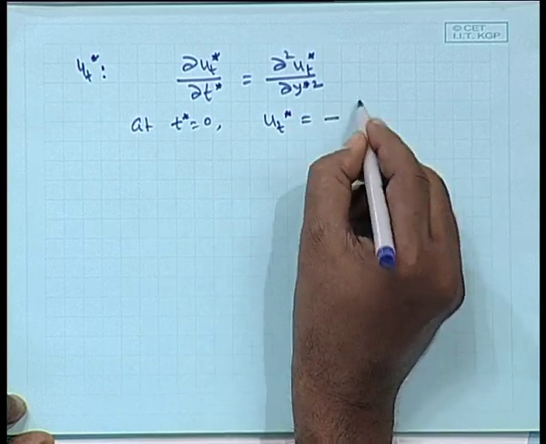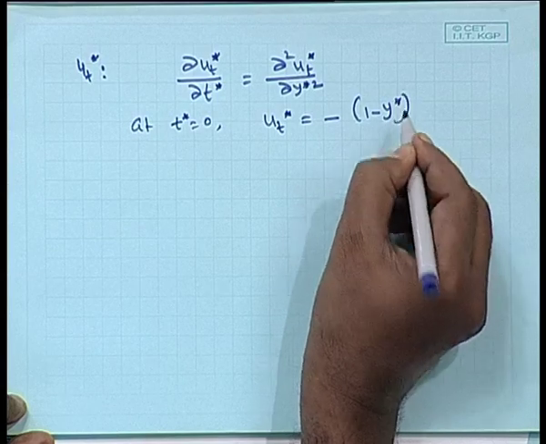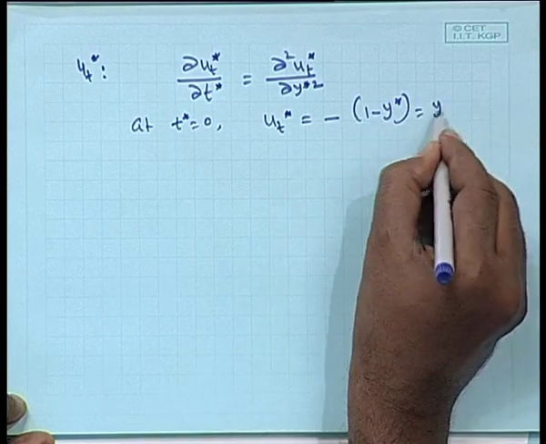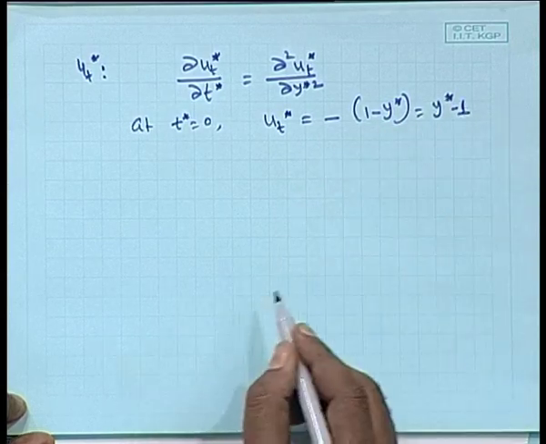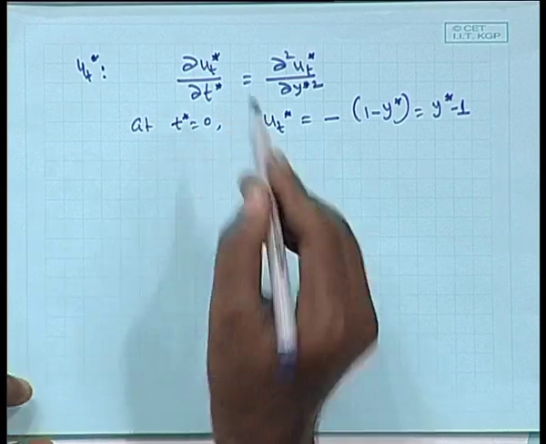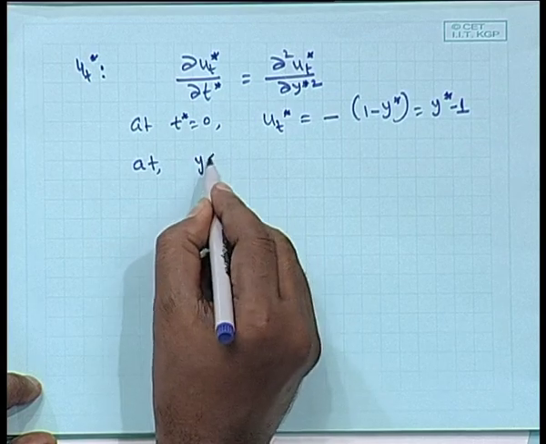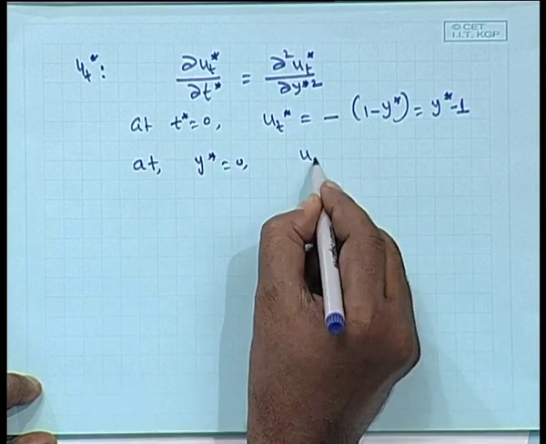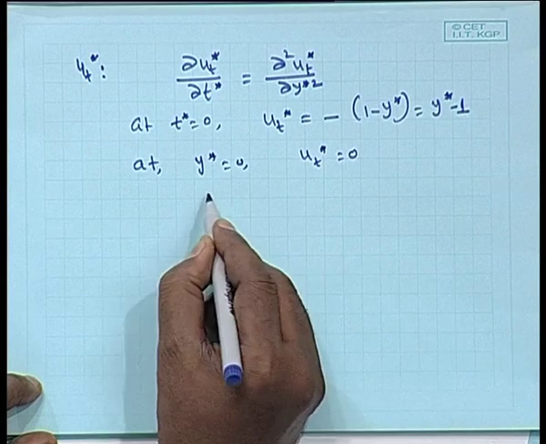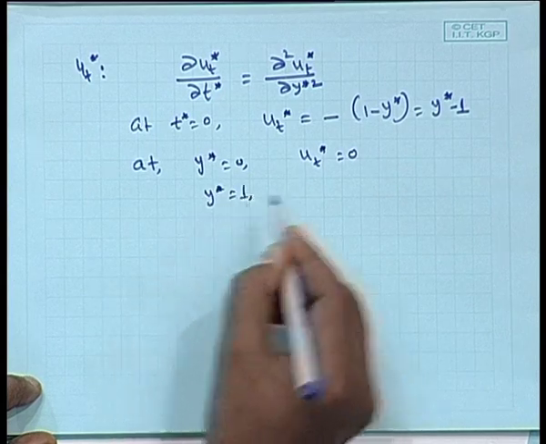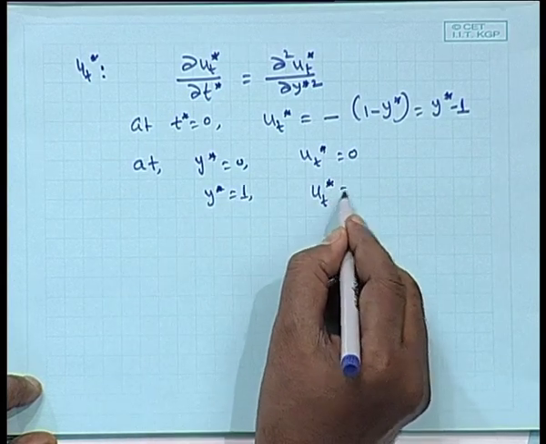So, it will be minus of 1 minus y star, so y star minus 1, that will be the initial condition of this problem. And for any time t, at y star equal to 0, you had u_t star equal to 0 and at y star equal to 1, you have u_t star equal to 0.